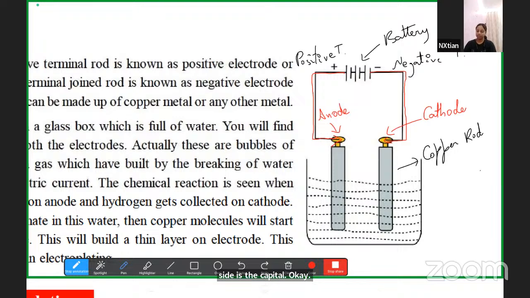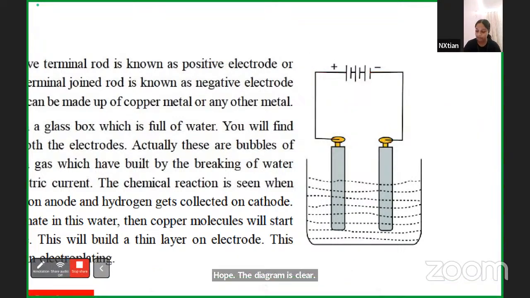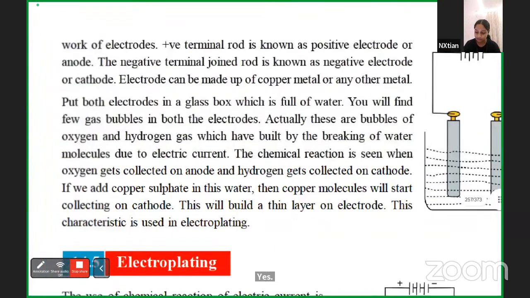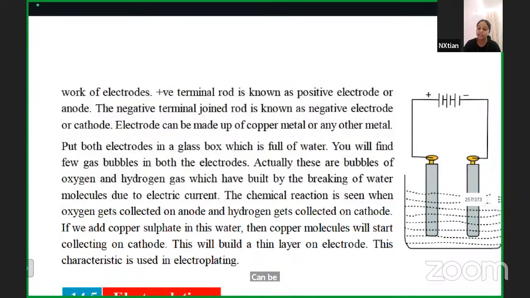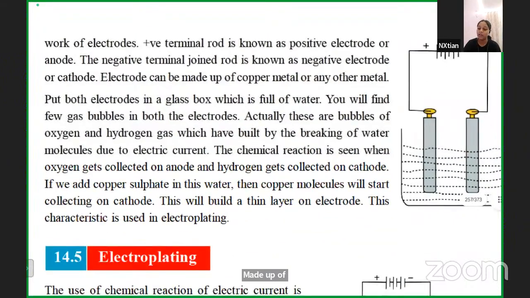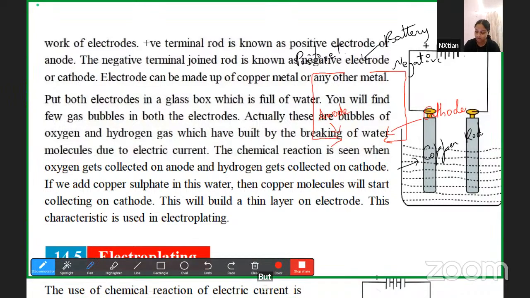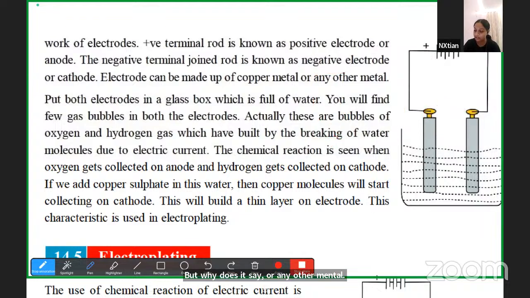Yes, okay. So we will see how it works. Now, an electrode can be made up of copper metal or any other metal. Why does it say copper metal or any other metal?